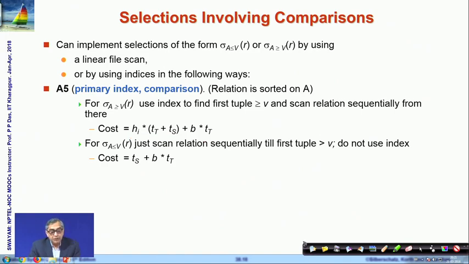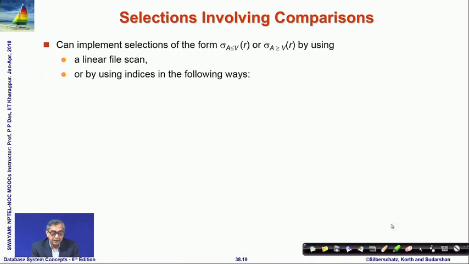Whereas, we can do something different also: we can just start scanning sequentially based on the primary index from the beginning, and check till we get a tuple which is greater than V, and then we do not use the index. Because these are all ordered in terms of the primary index, that search result can be easily produced. So, here we are using a linear scan, and that itself will give a good result.